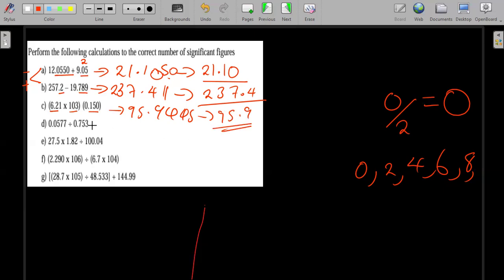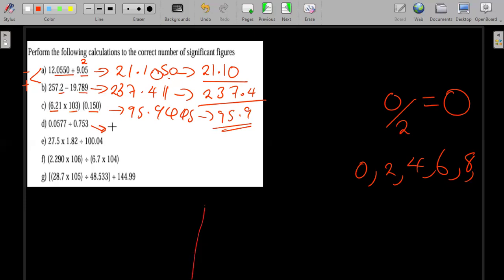So let's divide there. When you divide 0.0577 by 0.753, what are you getting there? Let's divide. So you have 0.0577 divided by 0.753.